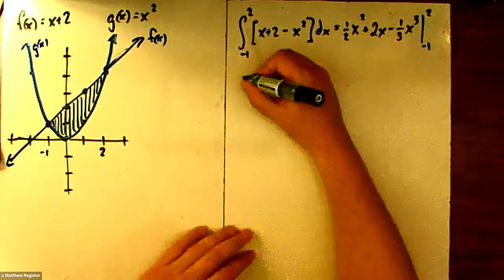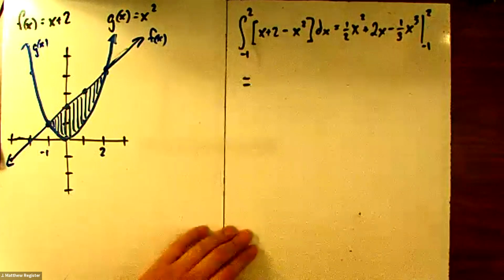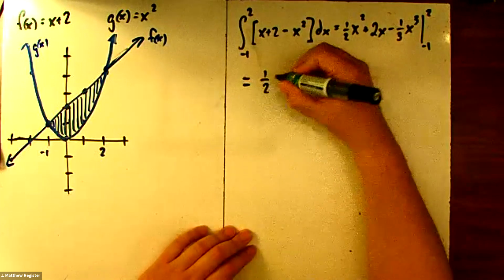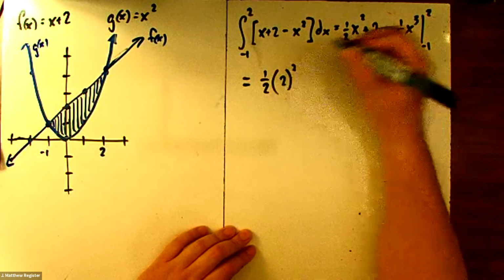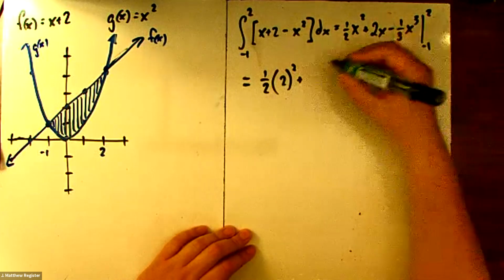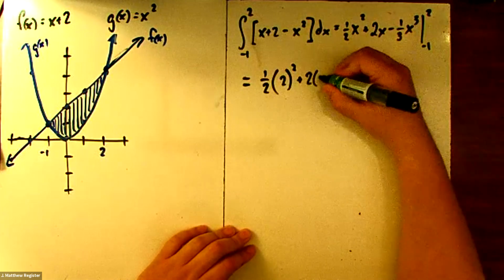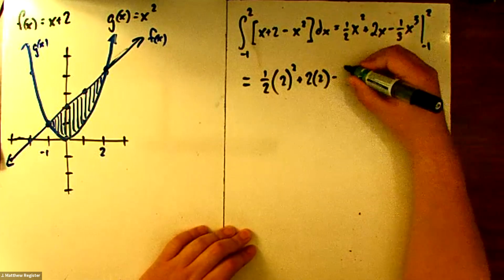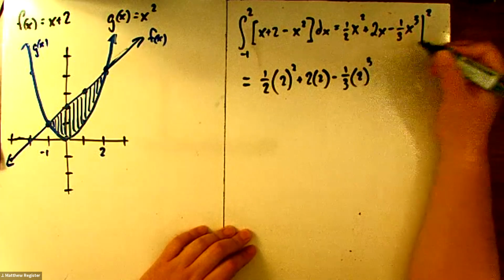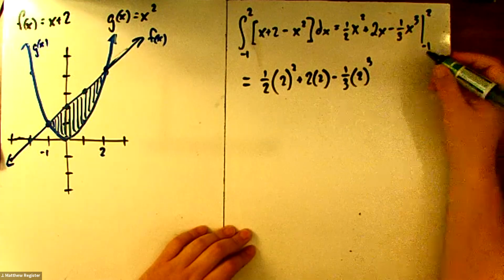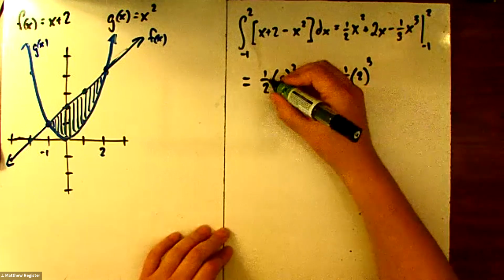So using the fundamental theorem of calculus, we get 1/2 of 2 squared plus 2 times 2 minus 1/3 of 2 cubed. And then we're going to be subtracting all of the ones evaluated at -1.